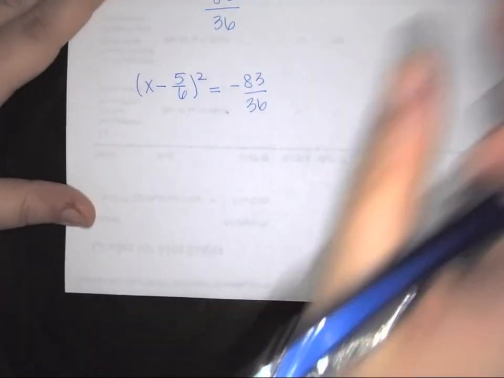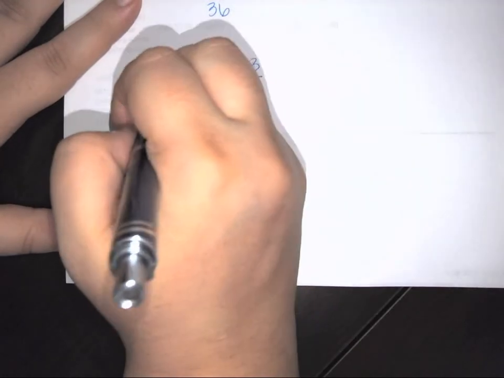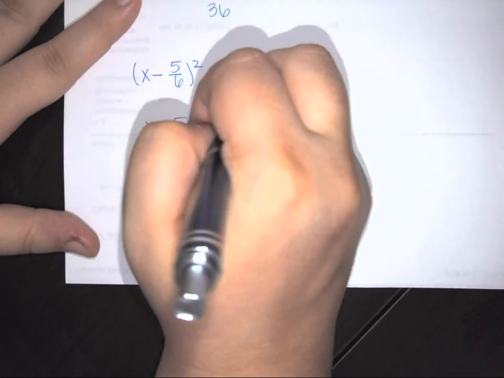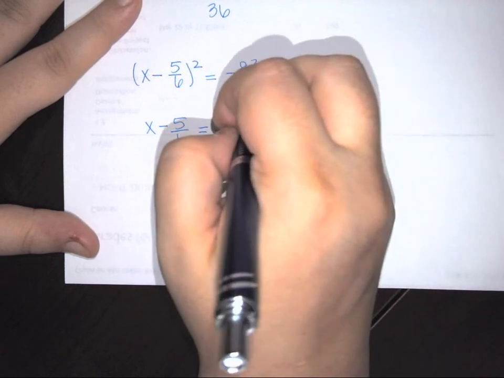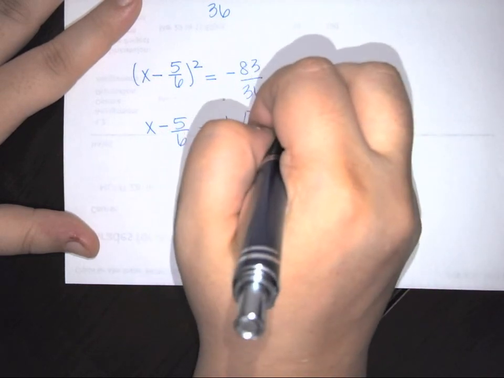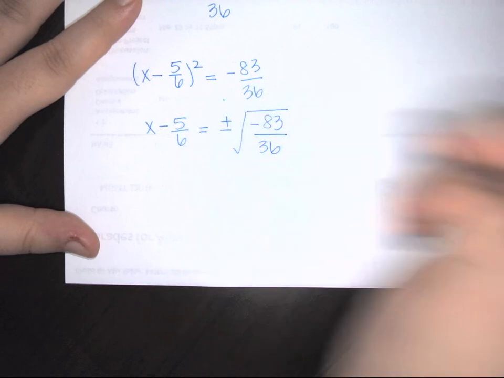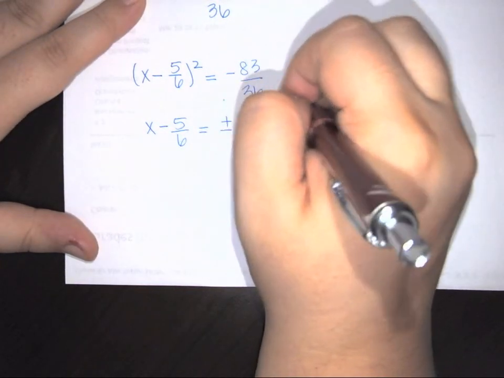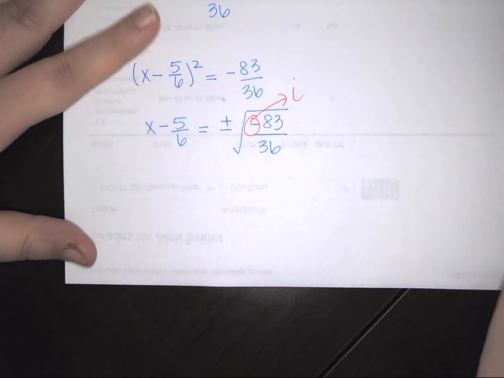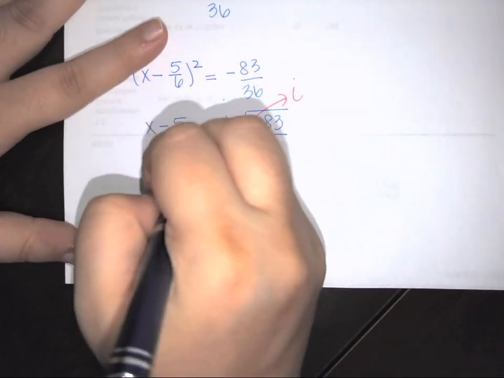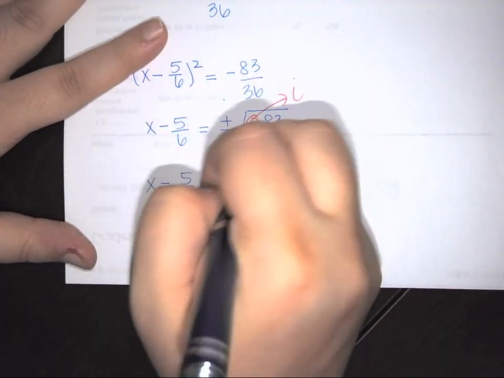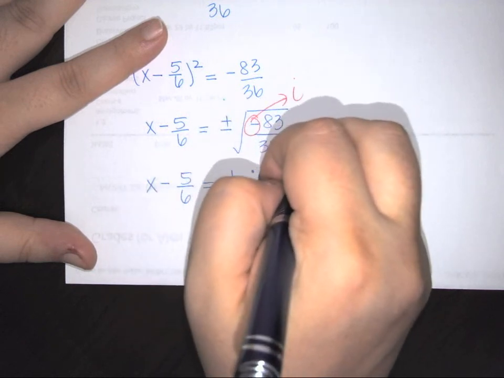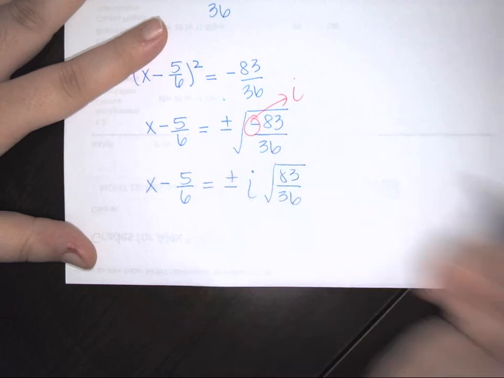I have to take the square root of both sides, so this becomes x minus 5 over 6 is equal to plus or minus the square root of negative 83 over 36. First and foremost, my negative has to pull out as an i. So this is x minus 5/6 equals plus or minus i square root of 83 over 36.